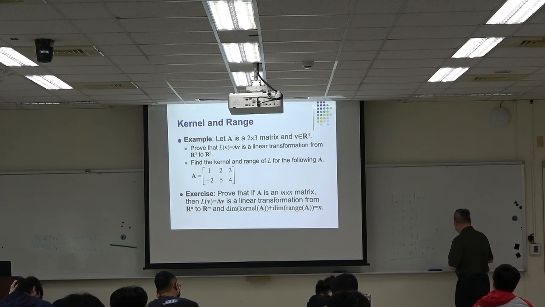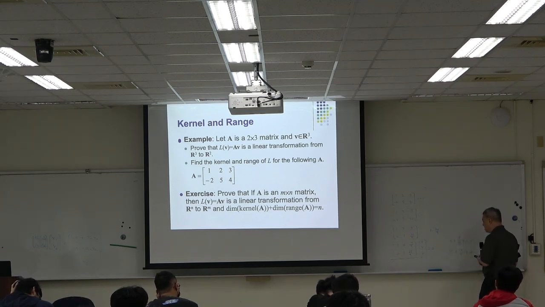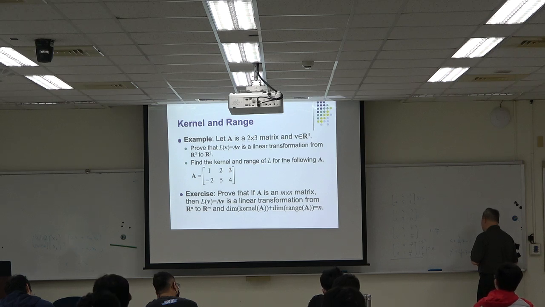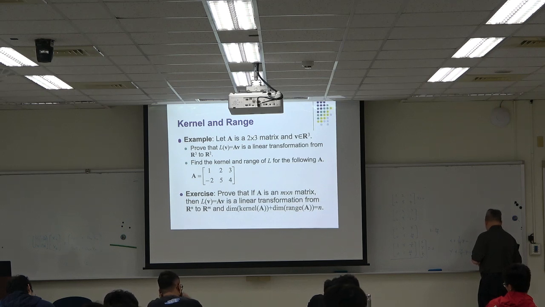So in other words, if we make z equal to t, then we can represent the whole thing as t times a vector.